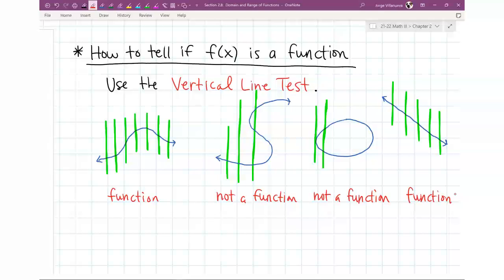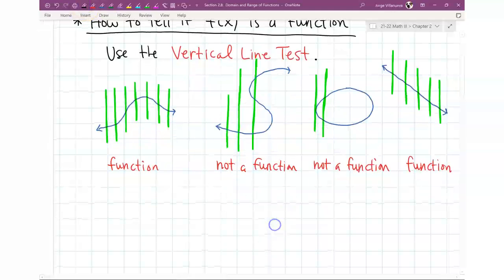Now, of course, this only works if you have a picture, right? Don't get an equation and start drawing lines over it, right? You got to have a picture of what it is that you're looking at. So, all right, so how to tell if it's a function? Use the vertical line test. Now, what is domain?